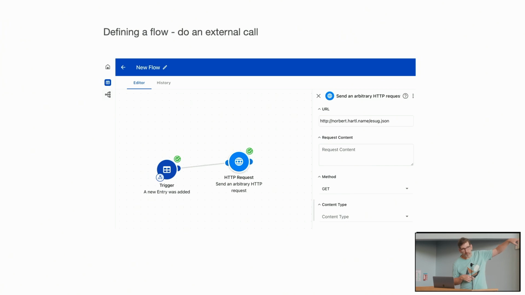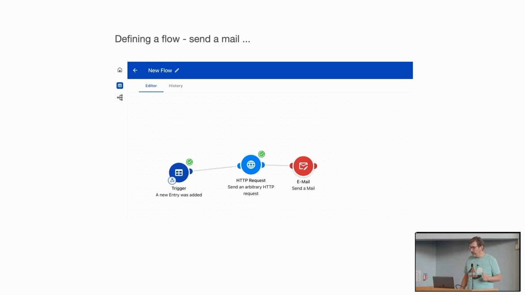Then I choose the method get. This is a node configuration saying now when an entry in the grid is added, the flow is kicked off and it will do an HTTP request and get the response. And then I want to send an email when the check is right.